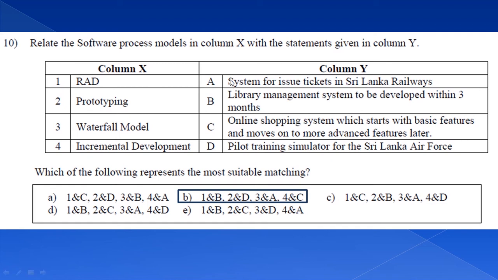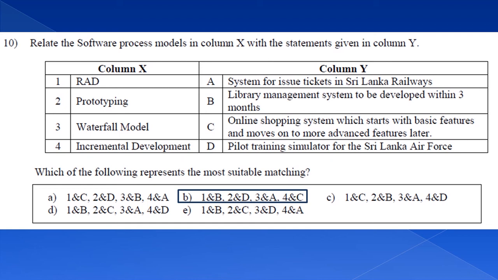And the fourth one goes with incremental development, the answer C. Incremental development means that you develop the system in iterations, right? An online shopping system starts with basic features and moves on to more advanced features later.